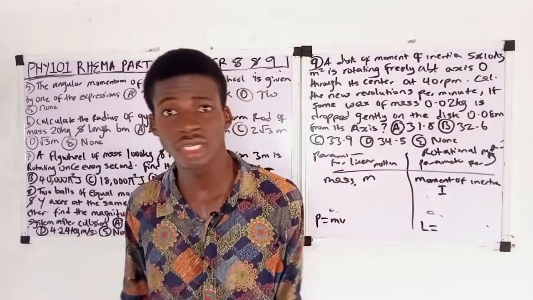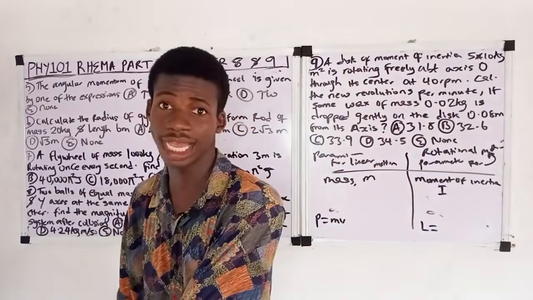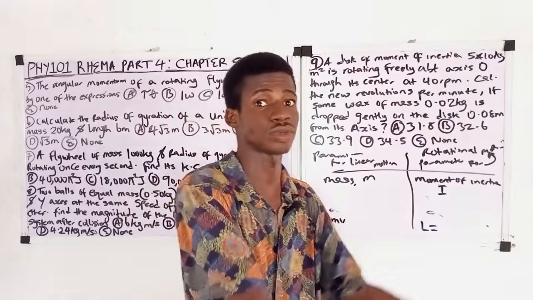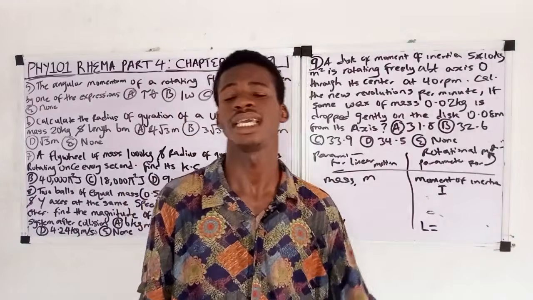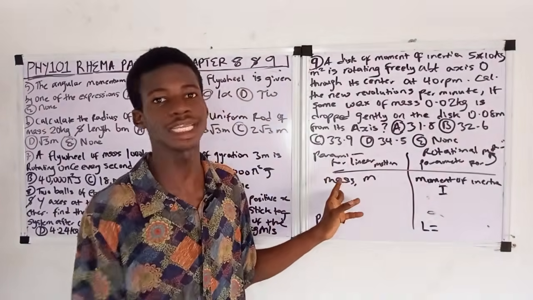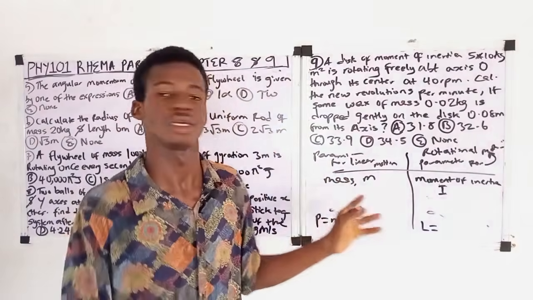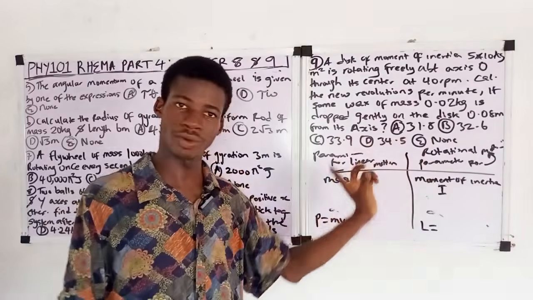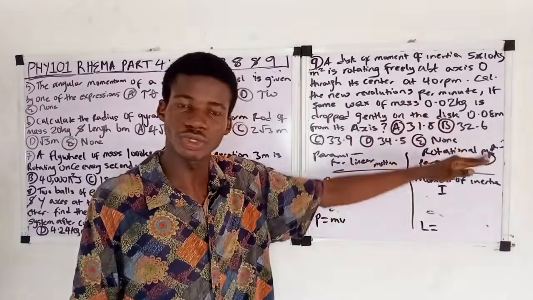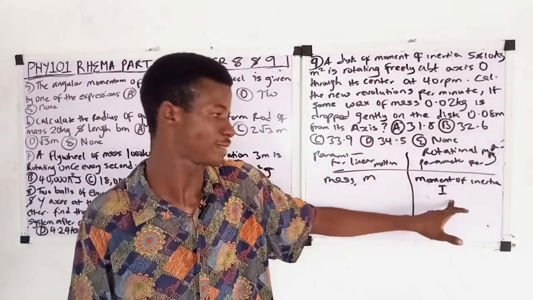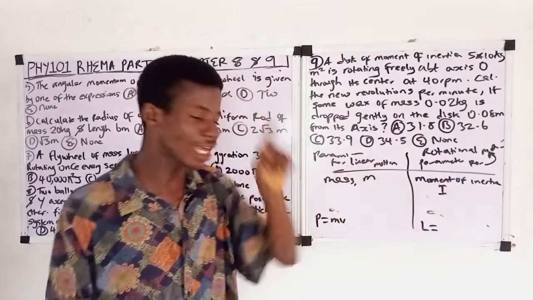In linear motion, we have linear acceleration, or simply acceleration. In rotational motion, it is known as angular acceleration. In linear terms this is called mass, and the analog of mass in rotational motion is the moment of inertia, represented by I. Now, let's go back to momentum.